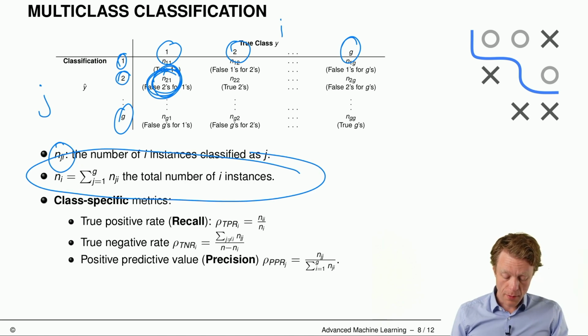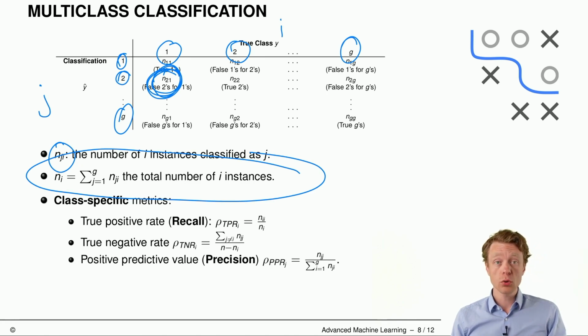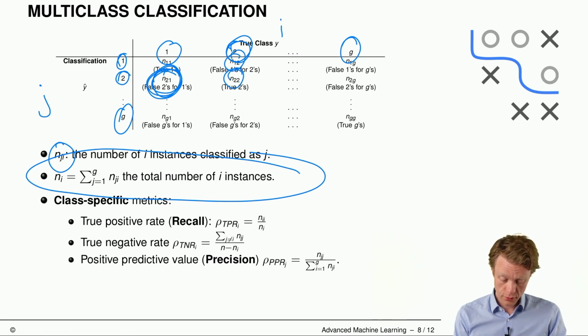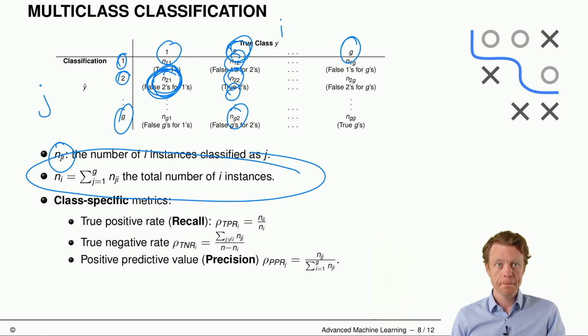Then we can sum up all the values in one column and get the total number of I instances. So the total number of 2 instances is n12 plus n22 plus n32 and so on until ng2. And with this we can compute the class specific metrics.